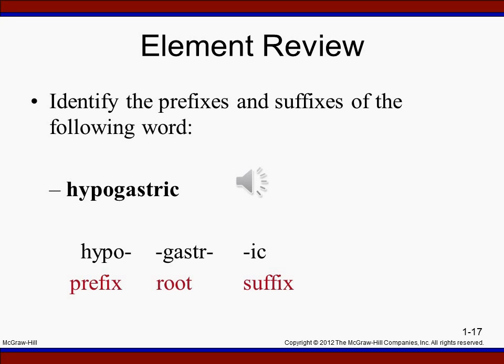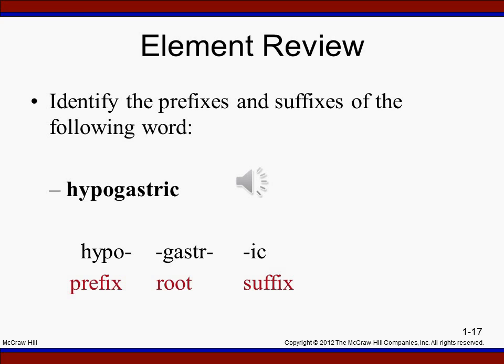Alright, one more review before we move on to the second part of word analysis and deconstruction. This particular word here is hypogastric. Following the same process, let's begin with the suffix. What is the suffix? IC is the suffix, which means pertaining to. The prefix next is hypo. Hypo means below.